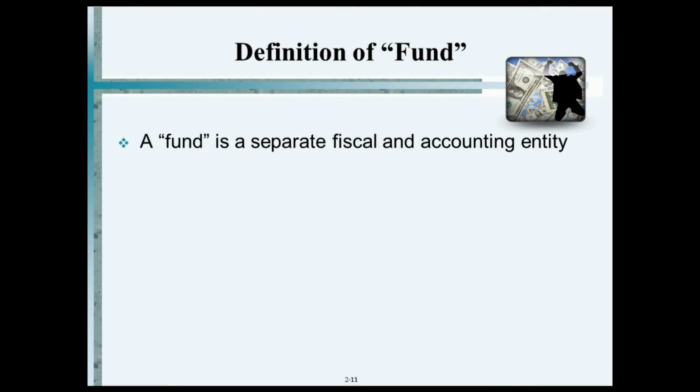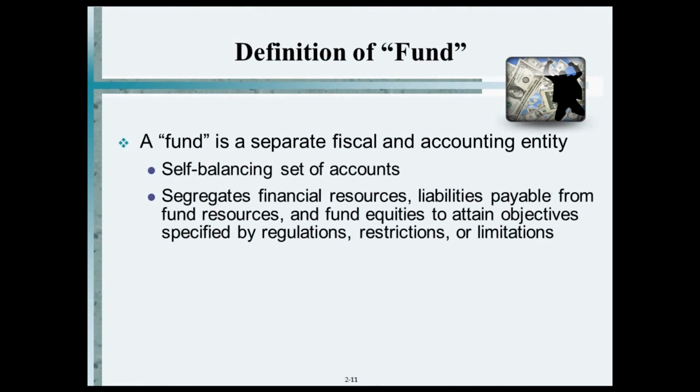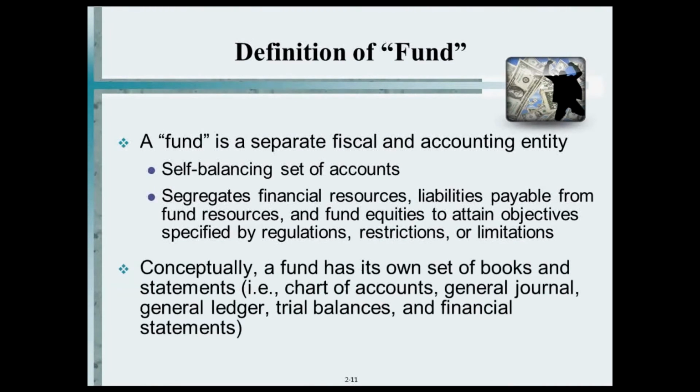And I think I talked to you about this before: what is a fund? We talked about this self-balancing set of accounts, has its own resources, liabilities, and could have its own general ledger. What does that mean?